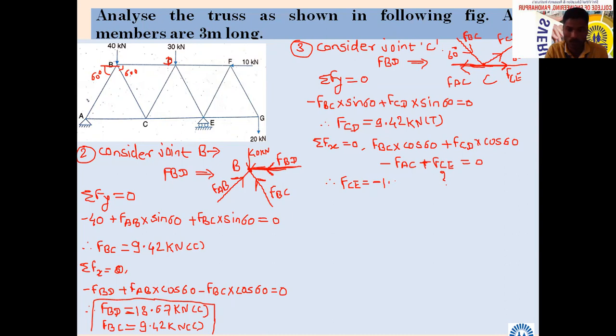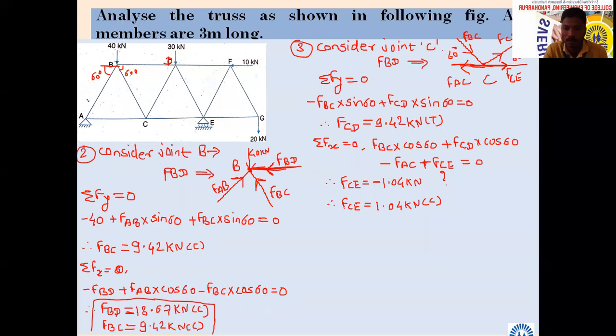Minus 1.04. Be careful while calculating. So finally, what we have to say here? FCE equal to plus 1.04 kilonewton. How have we assumed this force in our FBD? Tensile, but it is compressive.